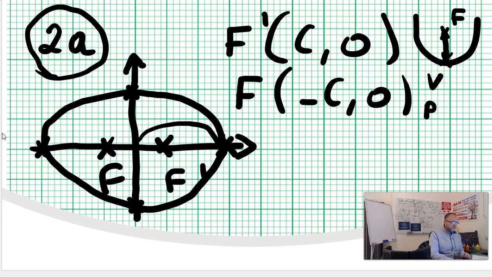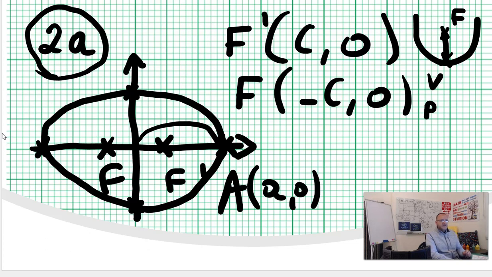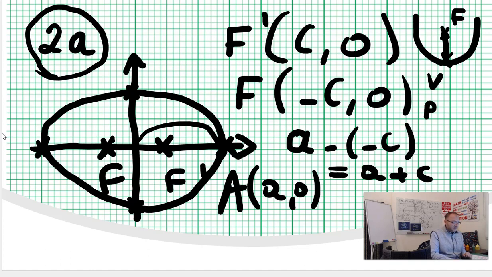Now, the distance from the focus point F to the vertex A, where's A? Here, this big A. So the distance from F to A is what? It's a, the x coordinate, minus minus c, which is a plus c. Look at it, is that magnitude c plus a.